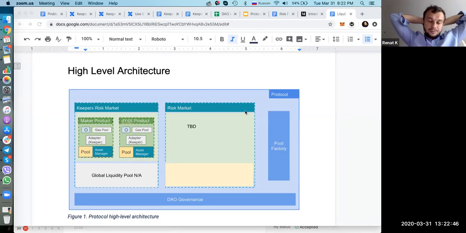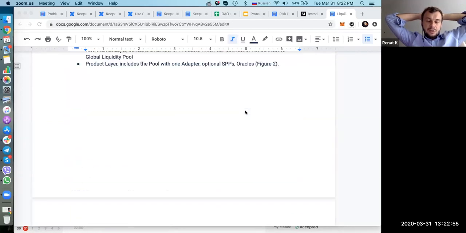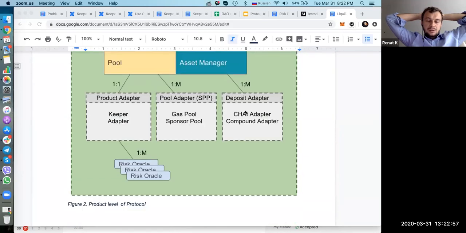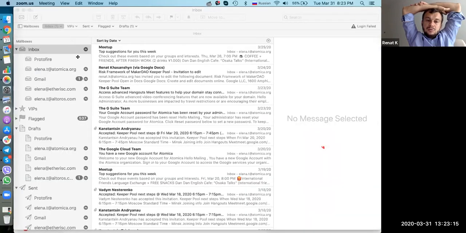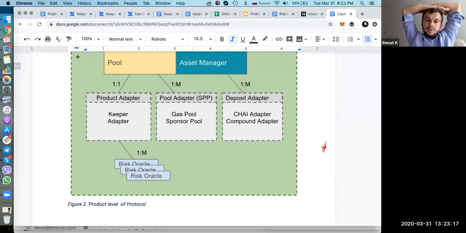I have a question. The risk oracles, right? Are you describing in this architecture that there will be a number of risk oracles used by one keeper pool, or there will be multiple?